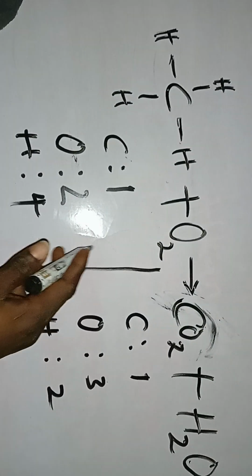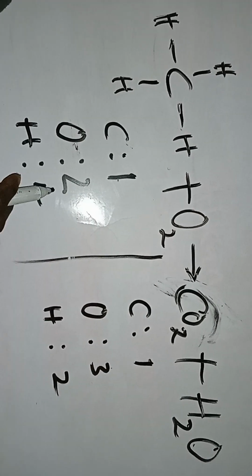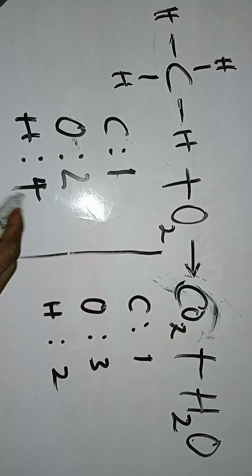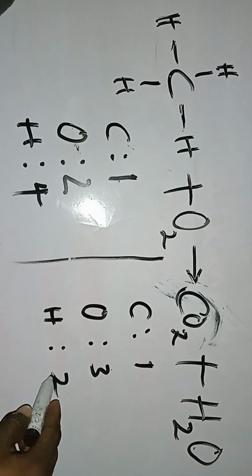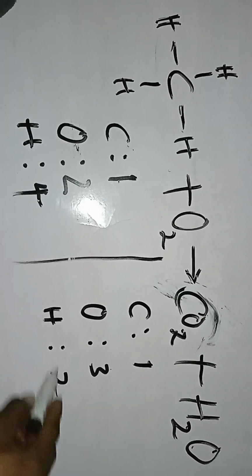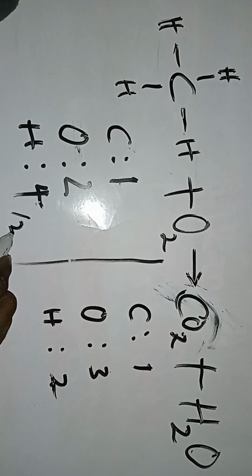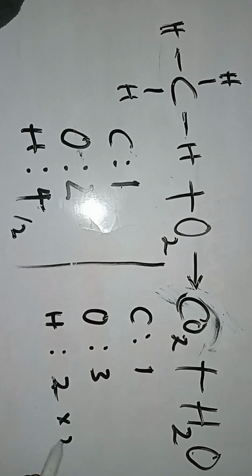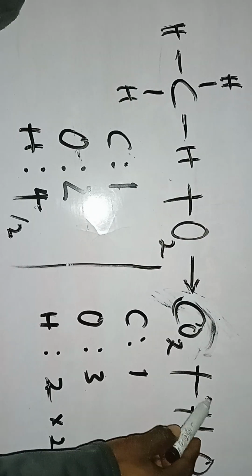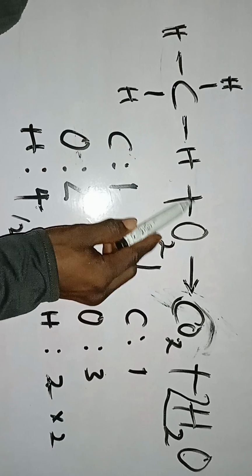Now to balance this reaction, I see carbon 1, no problem. Always balance oxygen last. So I see hydrogen here, 2, here 4. Just take these 2 to this side and do 4 divided by 2 is 2. So come and times it here, times 2. And you are allowed to put things on this coefficient.